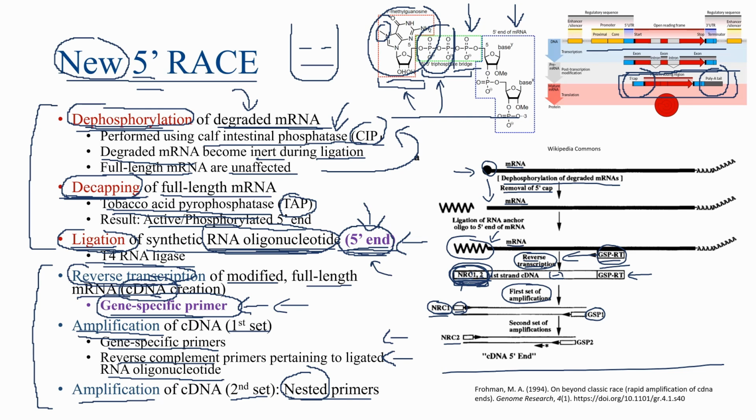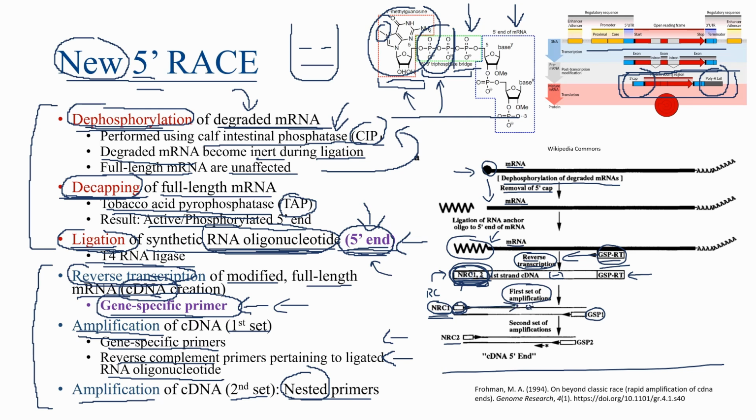It is, in fact, reverse complementary to it. So the NRC1 here is reverse complementary to a sequence here. And so you'll utilize the NRC1 to extend or amplify the first strand of cDNA going this way.